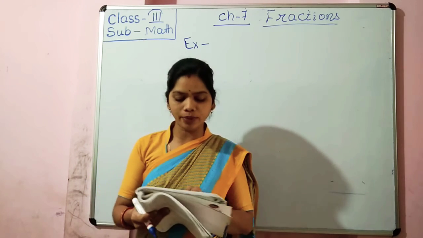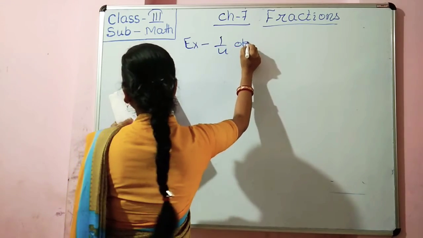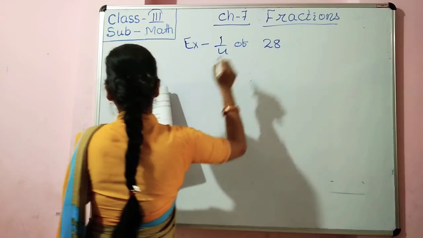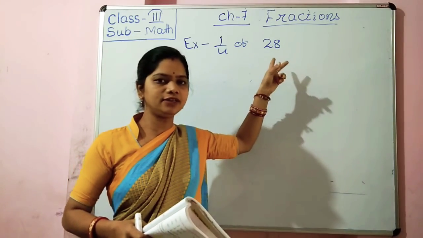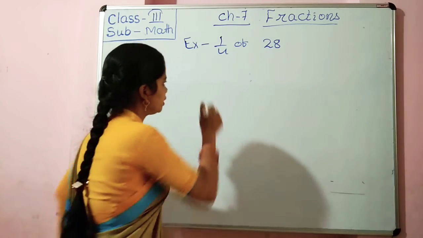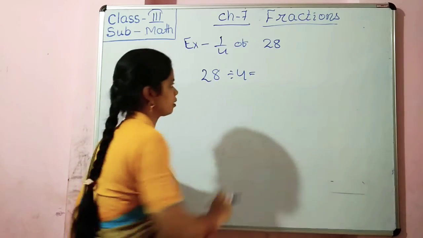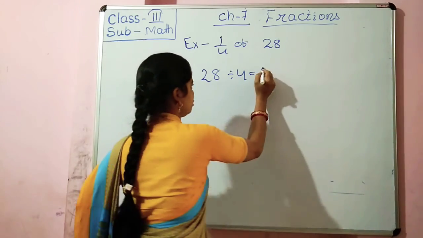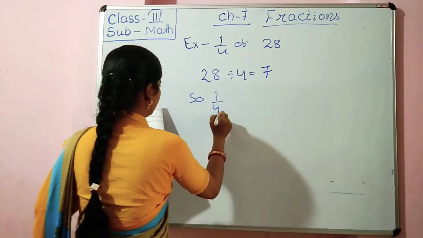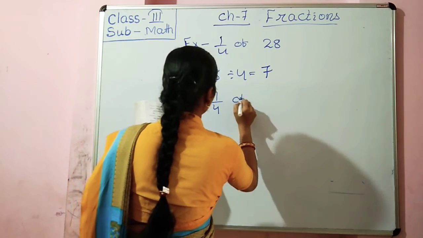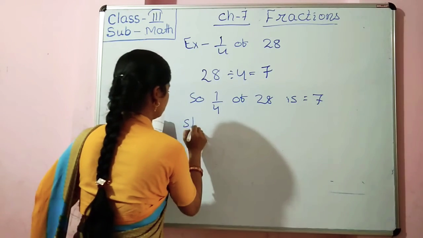To find out 1 by 4th of the total collection 28, we divide the 28 into 4 equal parts. 28 divided by 4, our result is 7. So 1 by 4 of 28 is 7. She dropped 7 chocolates.